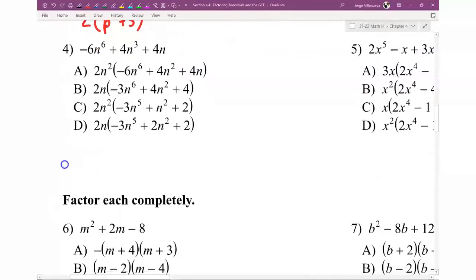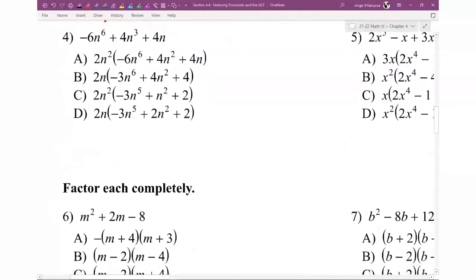So what can I factor out from negative 6n to the 6th? Let me write this down. Negative 6n to the 6th plus 4n cubed plus 4n. Is there a number that 6 and 4 have in common? A 2. They can all be divided by 2, right?